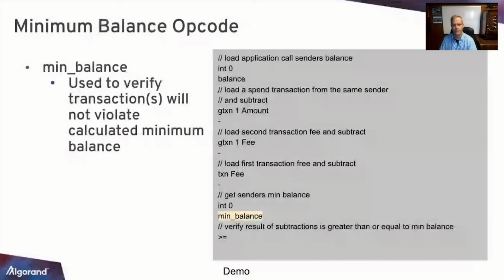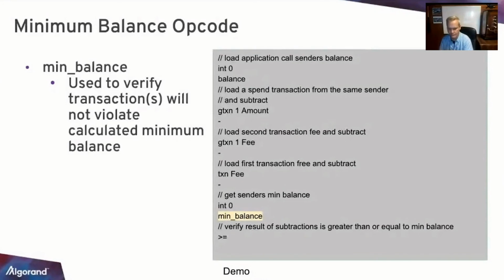Also, here's another key new feature that people have asked for. In this particular example, I can get the balance of the sender just by indexing into the accounts array and then calling the balance opcode. Sometimes if you're submitting a transaction, one of the most frustrating things is to submit a transaction and have it fail because it would drop you below the minimum balance. The minimum balance changes for every account depending on what they've opted into. If you opt into an asset, your minimum balance is going to go up.